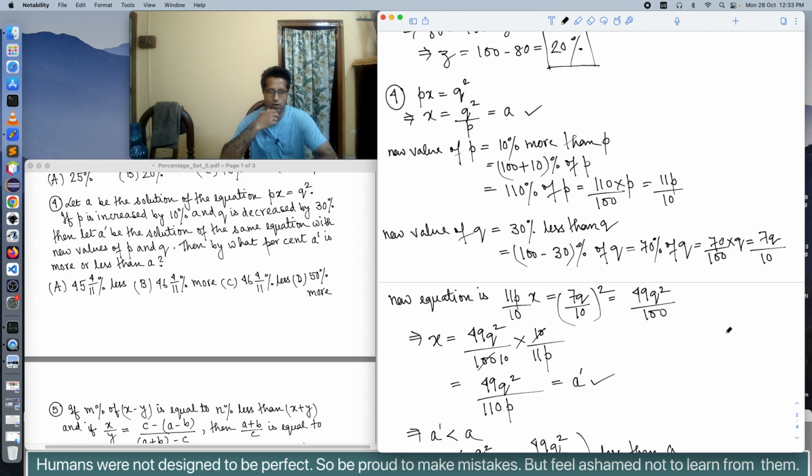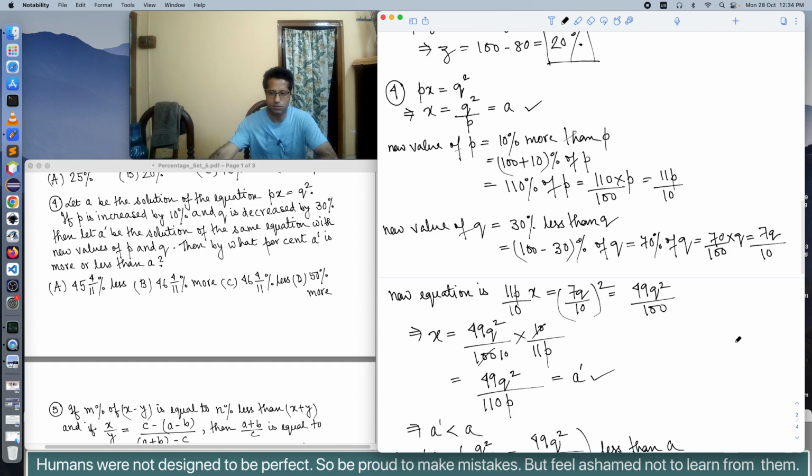The new value of P, since P is increased by 10%, means 110% of P, which is equal to 11P by 10. And the new value of Q, since Q is decreased by 30%, will be 70% of Q, which is 7Q by 10.